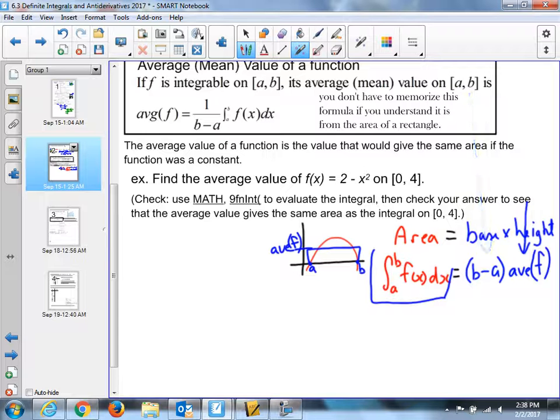Now solve for the average value of the function, and what do you have as an expression? So I'm saying solve for average. You have to divide by b minus a, don't you?